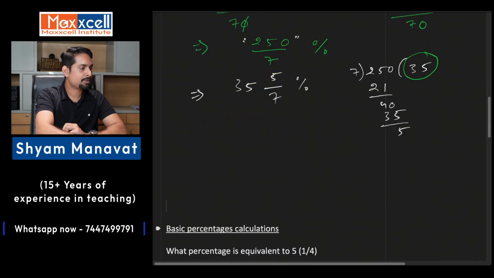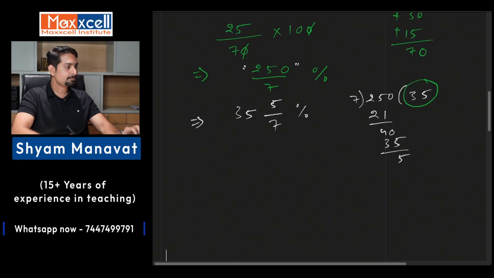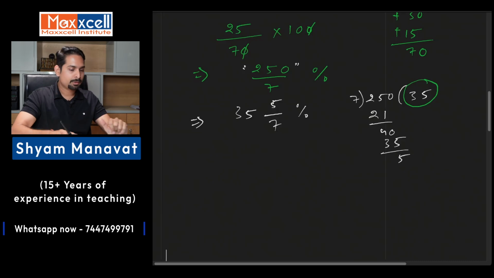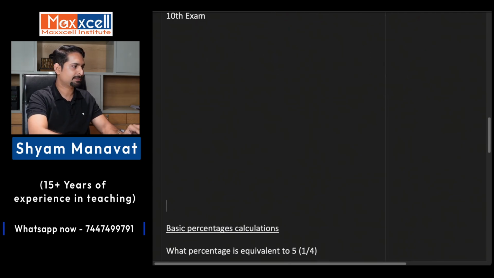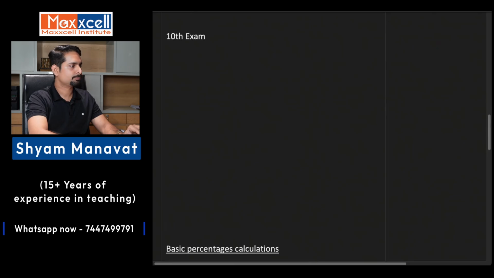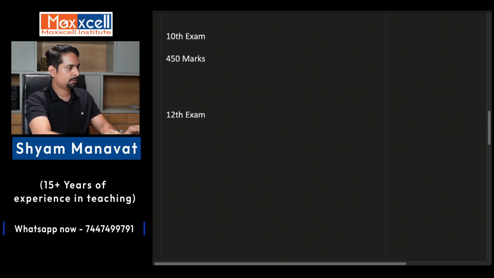let's say in your 10th exam you scored 450 marks total. And in your 12th exam you secured, let's say, 400 marks.